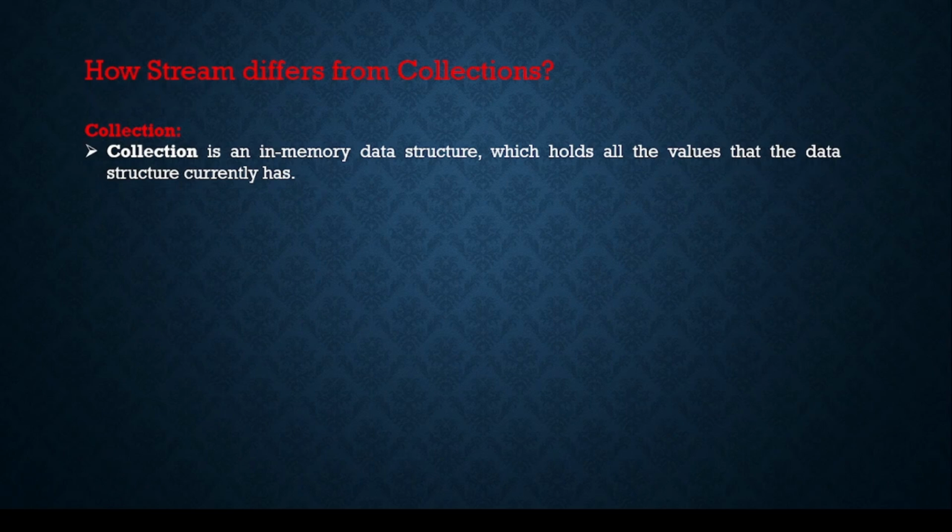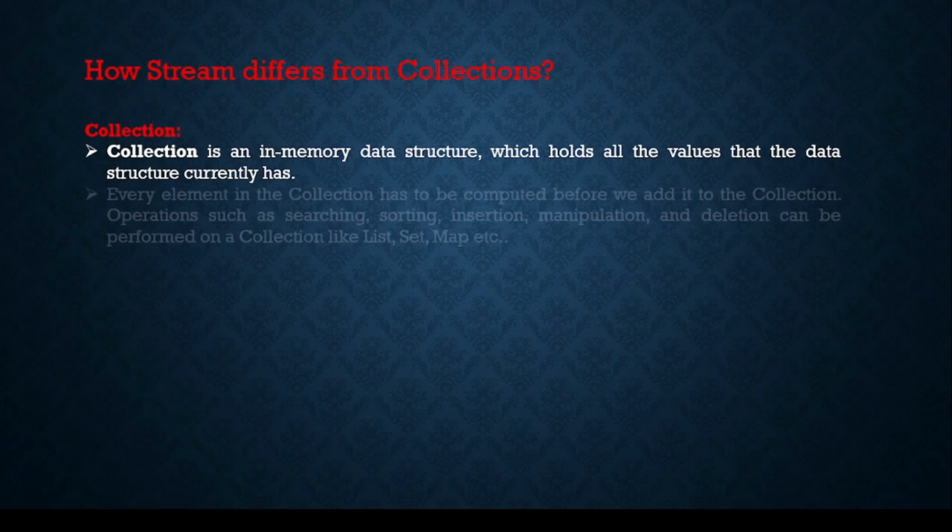But when we talk about stream, it is not going to hold the data. Basically, collection is a data structure, whereas stream is not a data structure. Collection holds the actual data, whereas stream processes the data from the collection and does not store it.